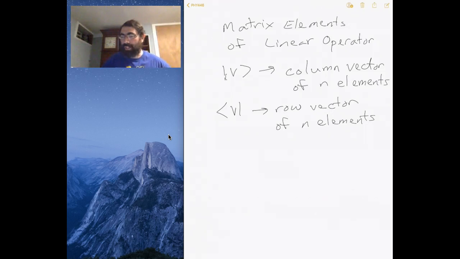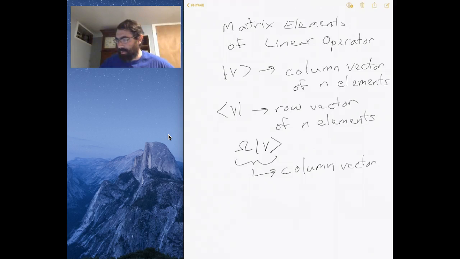If I'm going to be operating, so say I want to operate with the operator omega on the vector v, then what I would want to do is to basically get back with this operation here a column vector of dimension n.